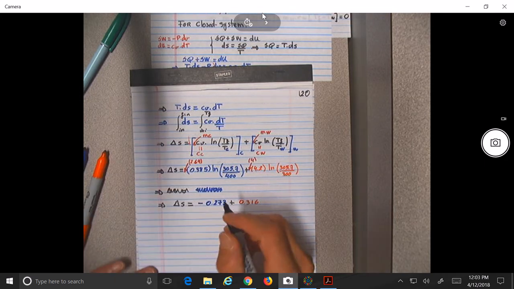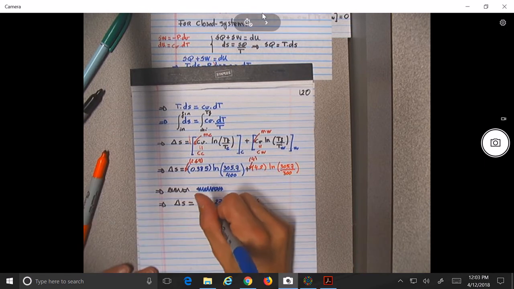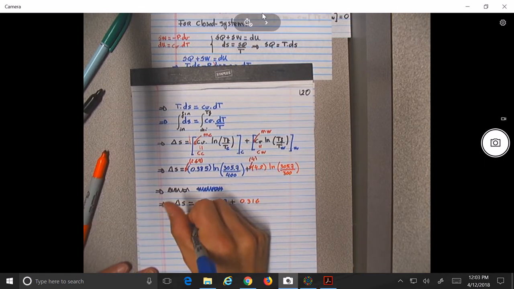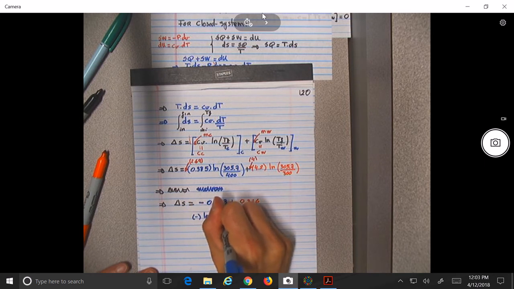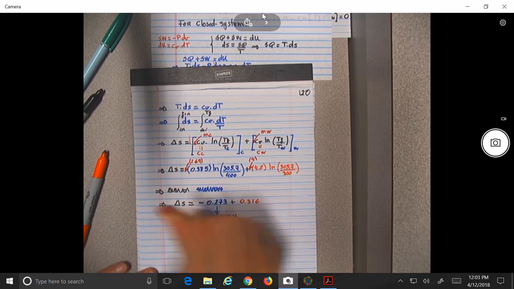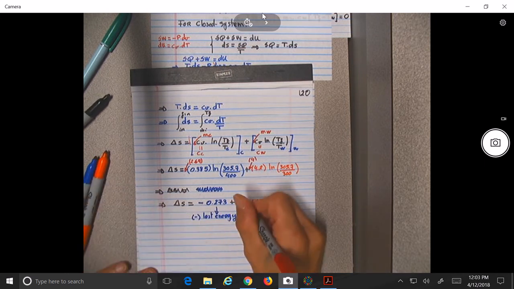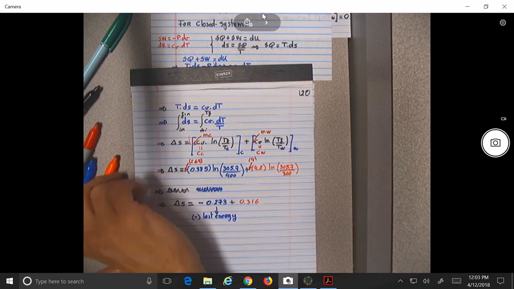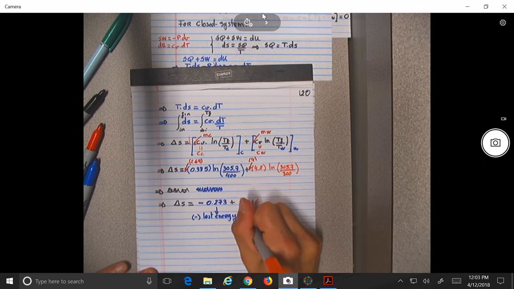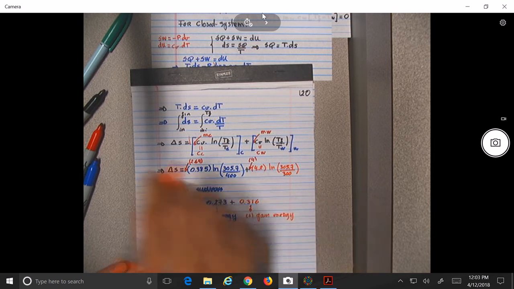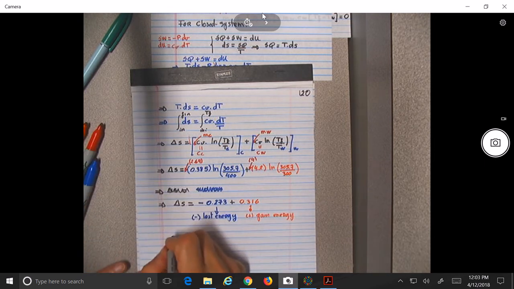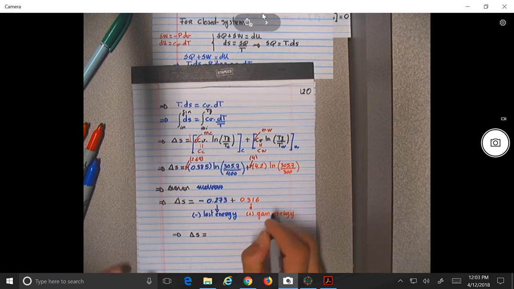So we do this, so basically that means the negative sign means lost energy. The positive sign over here means gain energy. So at the end, what do you have?